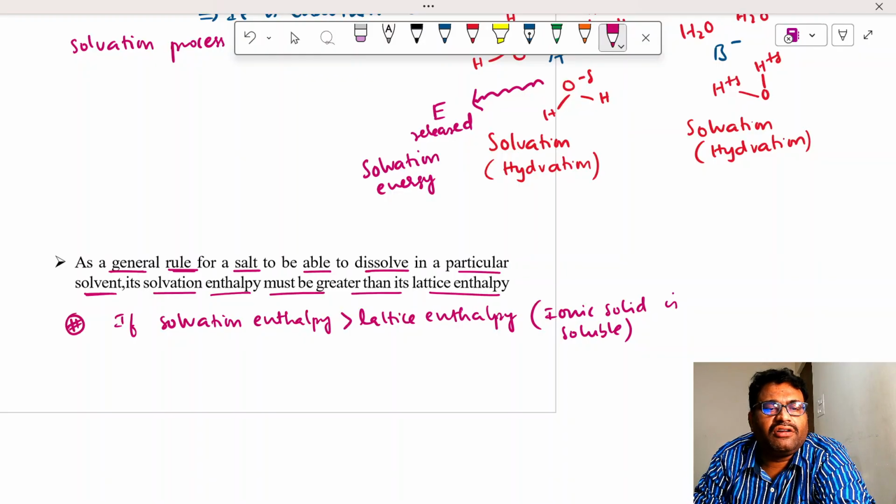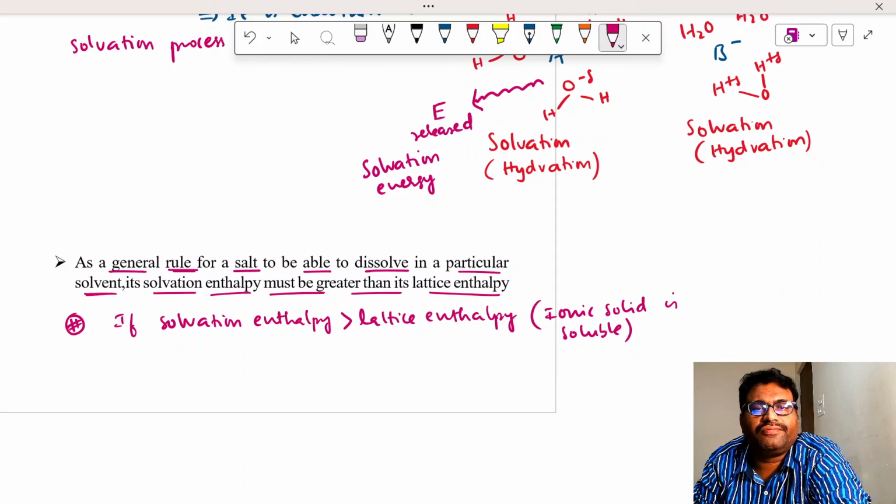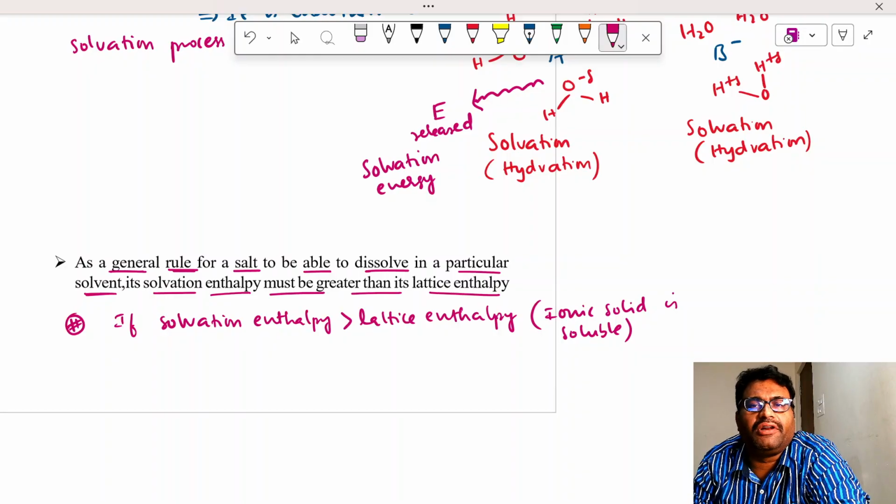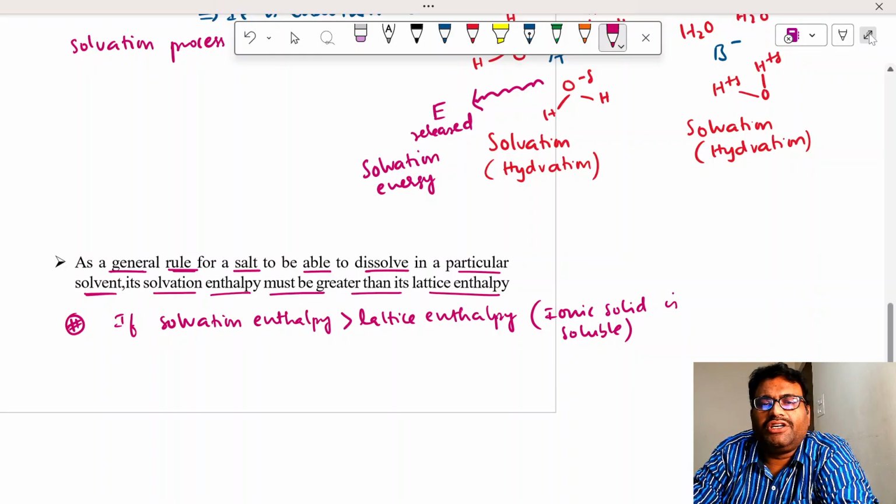This is the general rule. Exceptions will be there, but in most ionic solids we find that if solvation enthalpy, that means hydration enthalpy, is greater than lattice enthalpy, the ionic solid is more soluble. It is found to be soluble. Right? Let's move to the next one.